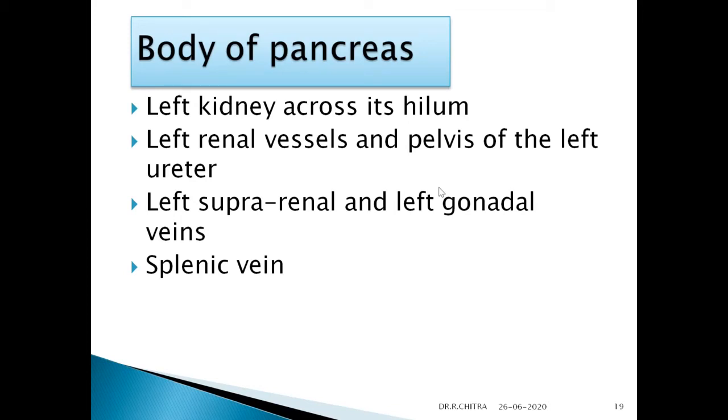Splenic vein separates all the relations of the posterior surface of the body of the pancreas that we have mentioned. So these above mentioned structures are separated from the pancreas by the splenic vein, which runs in a groove from the left to right and receives the inferior mesenteric vein. So what is the immediate relation of the posterior surface of the body of the pancreas is the splenic vein.